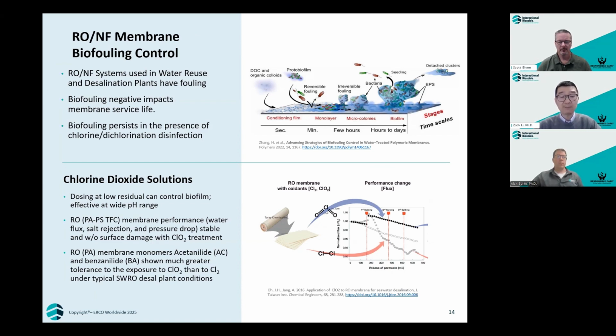To combat biofilm formation, chlorination and dechlorination is often used to disinfect the feed water for these systems. However, even with the chlorination and dechlorination operation, biofouling problems are still quite common.